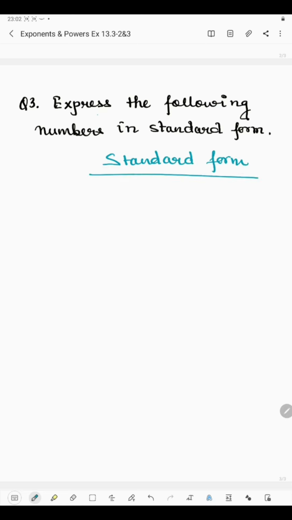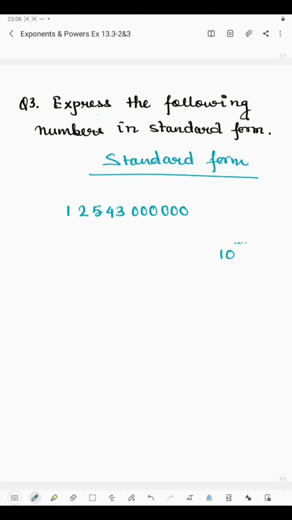Suppose we have 1, 2, 5, 4, 3, 0, 0, 0, 0, 0, 0. When we have such a large number, then we write in the form of power of 10. We just write the power of 10, according to the number, and this is called standard form.